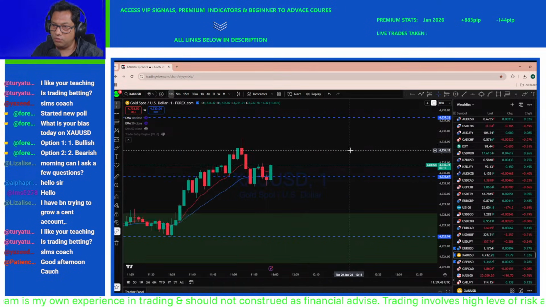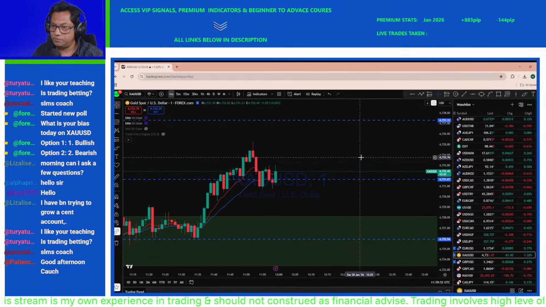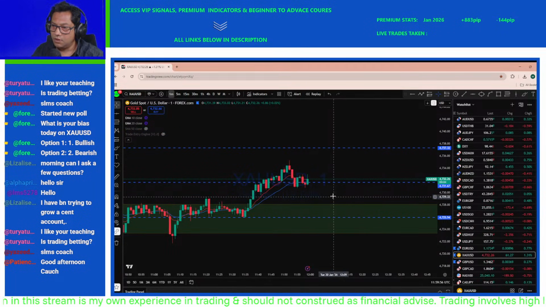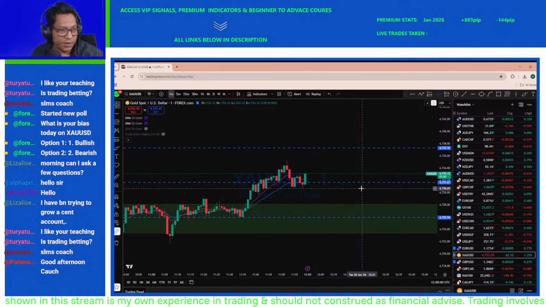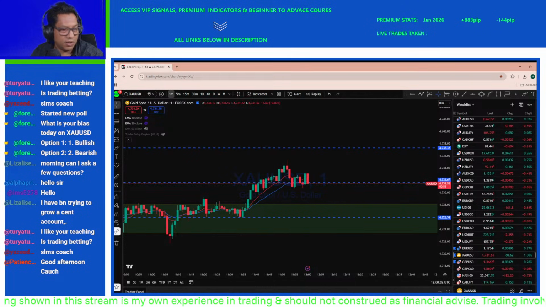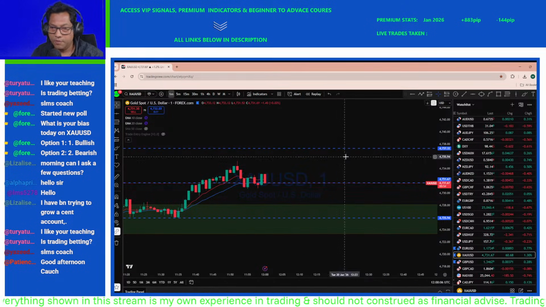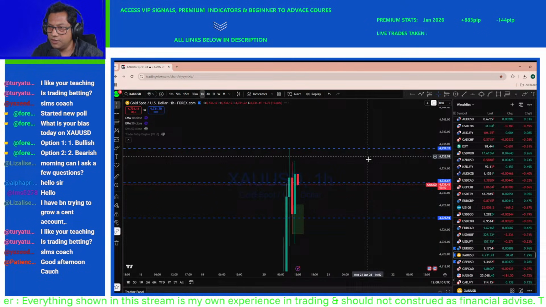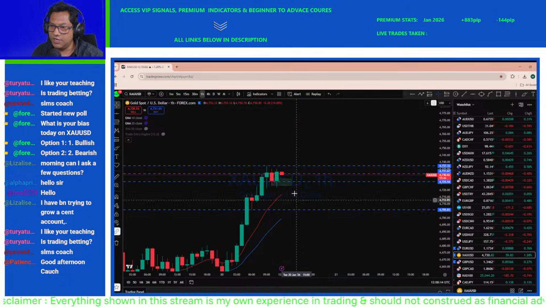So let the candle close, let the market prepare for this move. Okay, so if you look at the 1 hour candle close here, this is the key now.